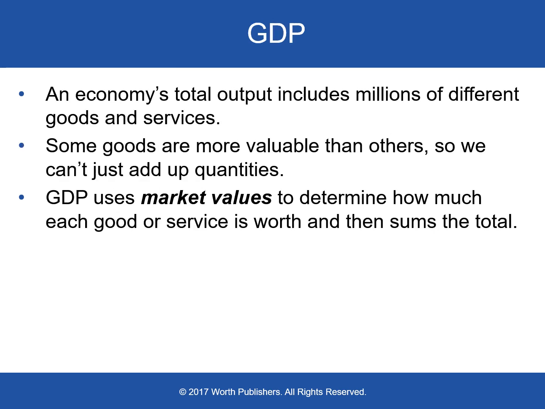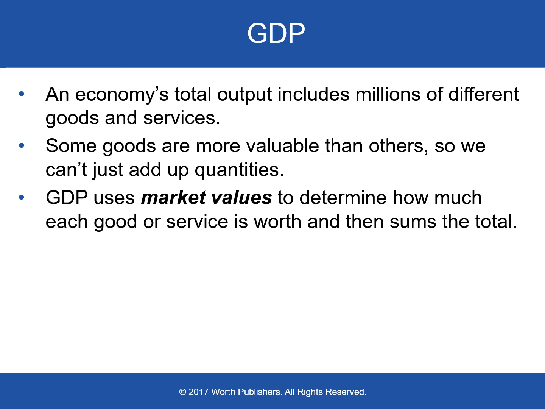So for measuring GDP, we're adding up millions of different final finished goods and services. And of course, some goods are more valuable in the sense they sell for a higher price than others. So clearly you cannot just add quantities. And how could you do that anyway? Because you're measuring cars and you're measuring tons of wheat and you're measuring tons of iron ore.